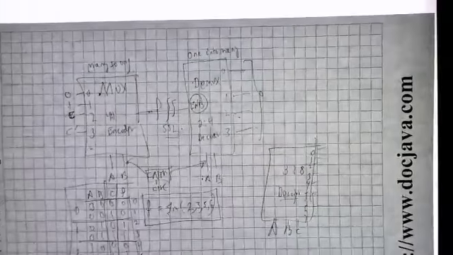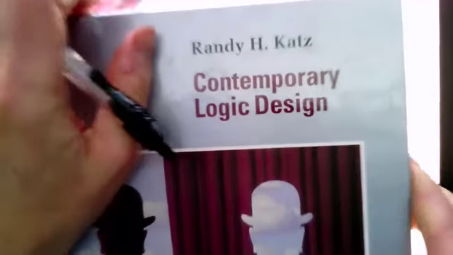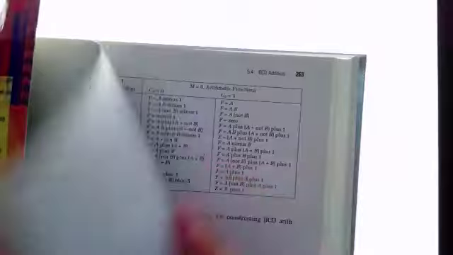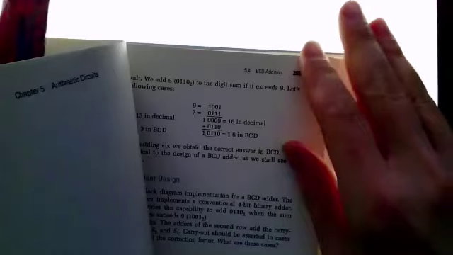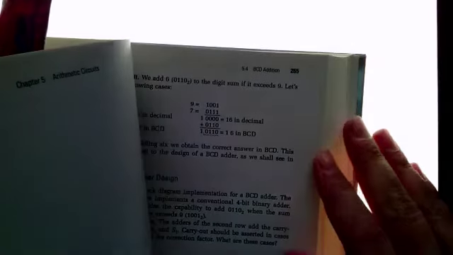What you were to do in terms of your reading was to read pages 240 to 251 and also page 266. And I asked that you learn 1 and 2's complements. Here's the book, page 266.